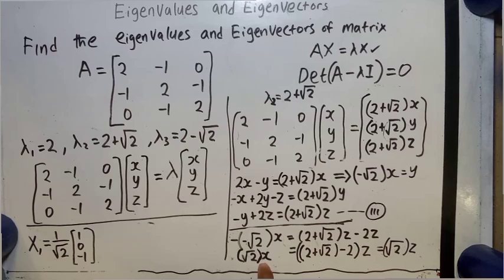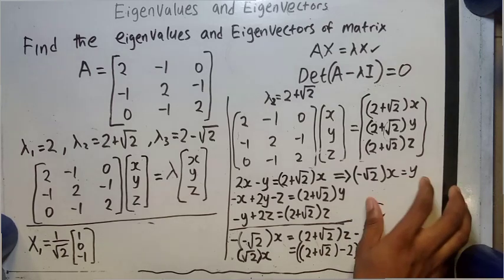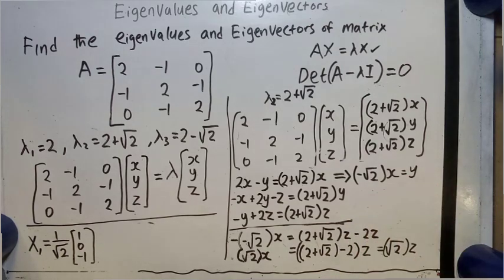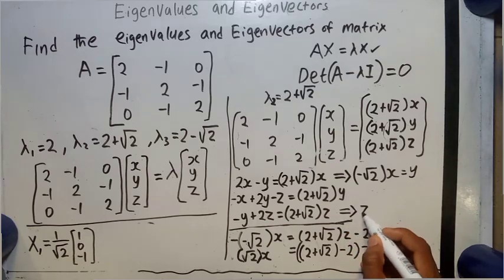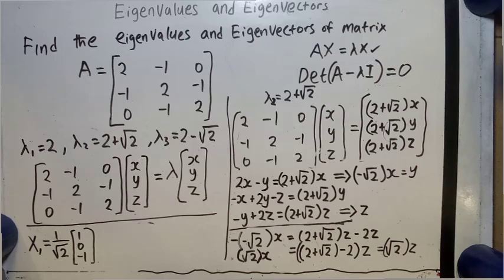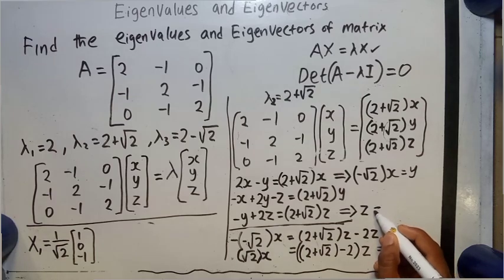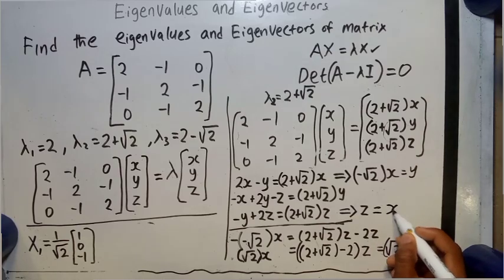Now, if we divide both sides by this, we're going to be having that z, on the other hand, is going to be equal to what?